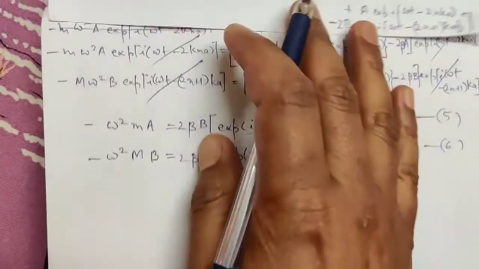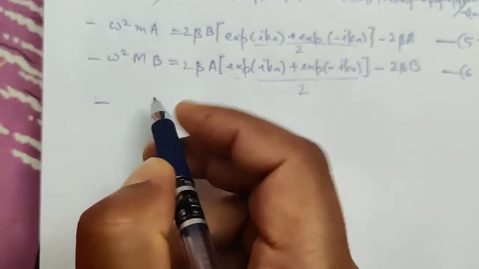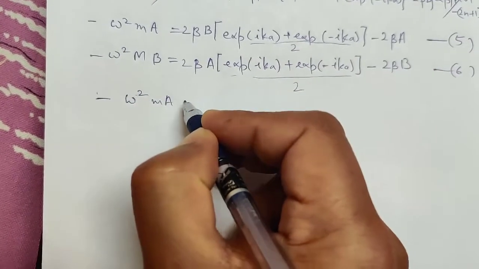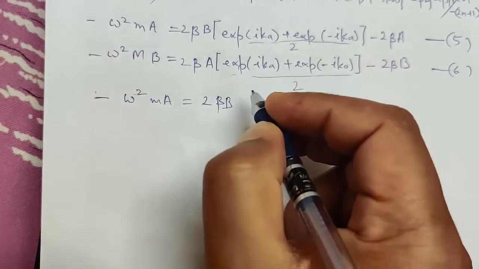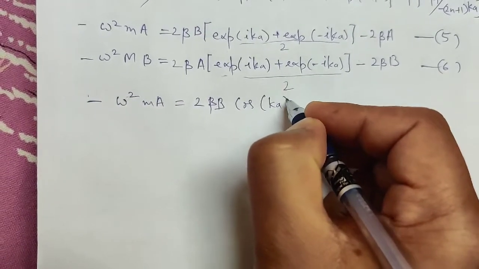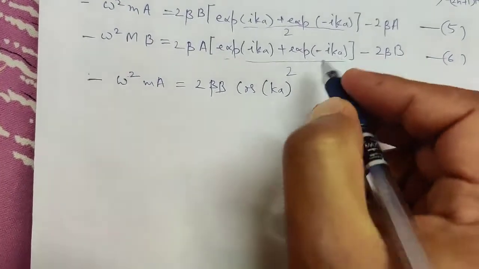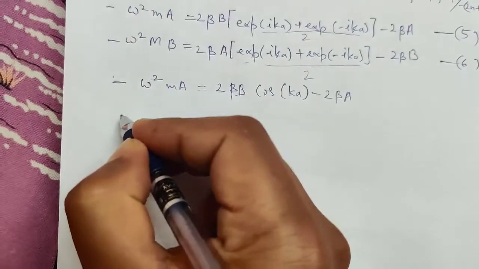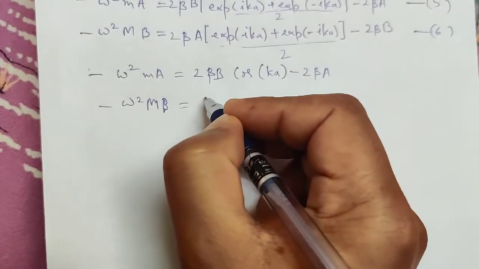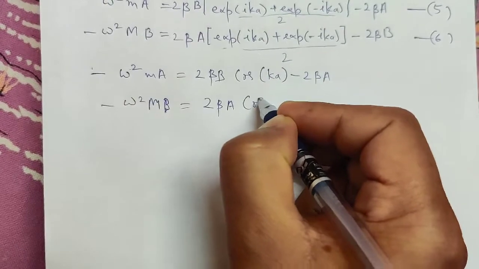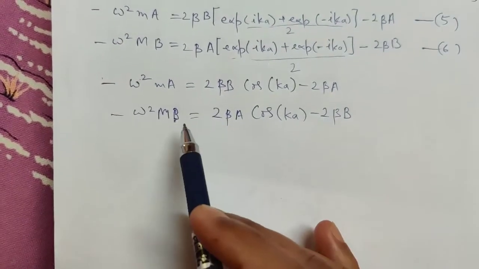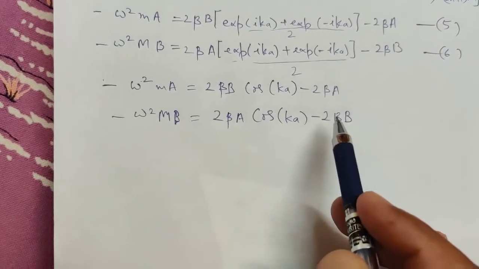So this will reduce to 2 beta B cos ka minus 2 beta A, and this will be omega square m A, and this is B, not beta, this will be 2 beta A cos ka minus 2 beta B. Now this term is the coefficient of B, and this is the coefficient of B, take this side.